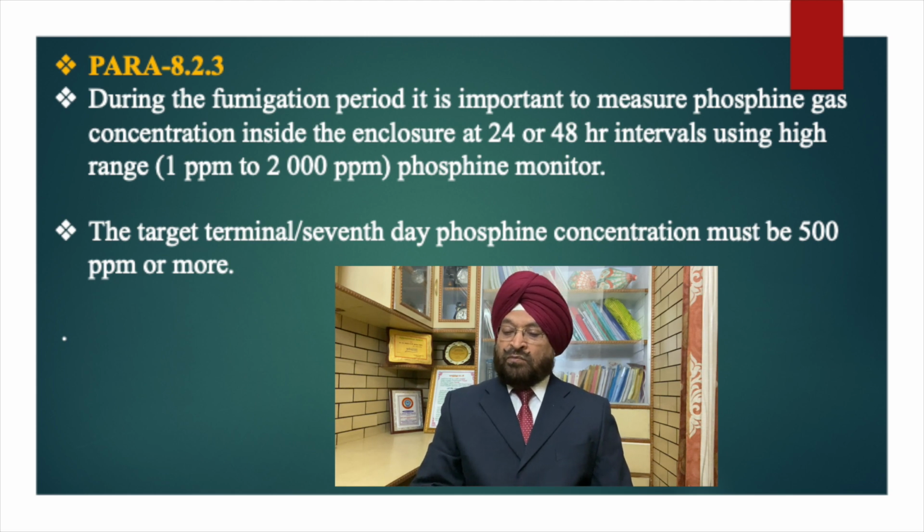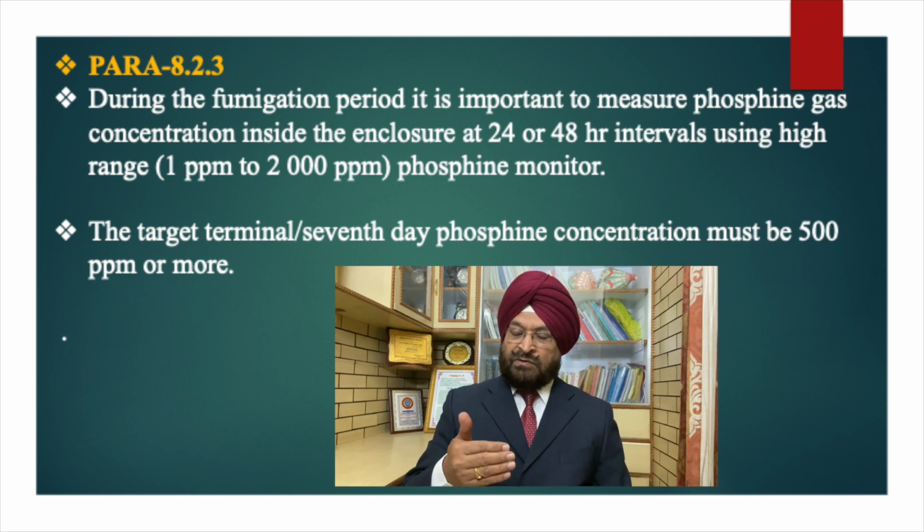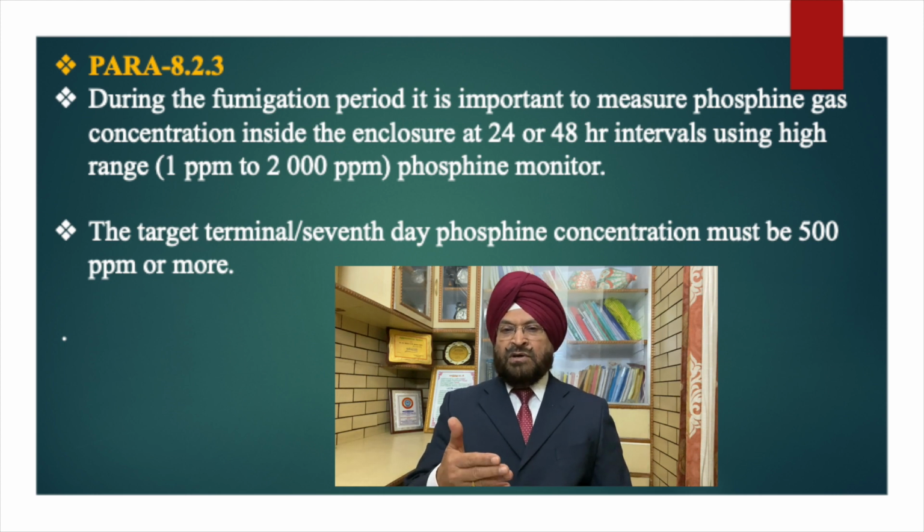Now, the other thing which is important, which earlier was not there: the committee has recommended that on the last day, when the exposure of the stack ends and you are taking off the cover, the concentration of phosphine inside the stack should be 500 ppm or more.